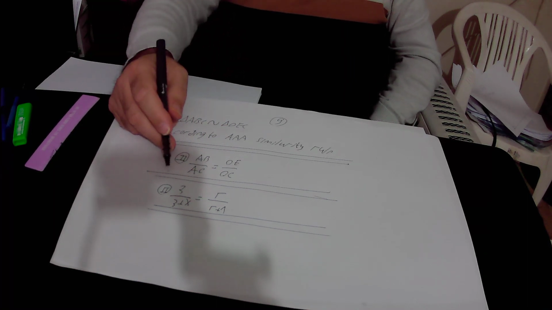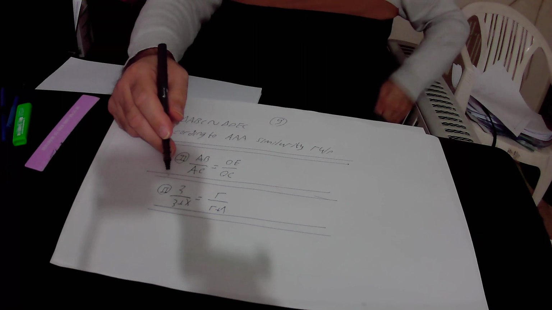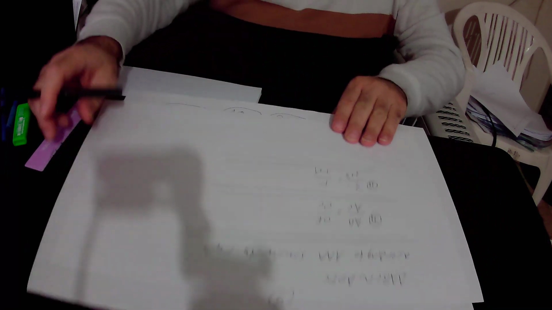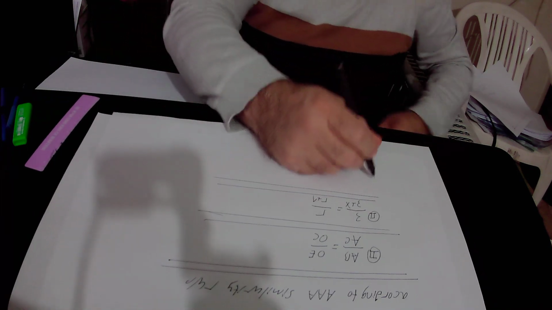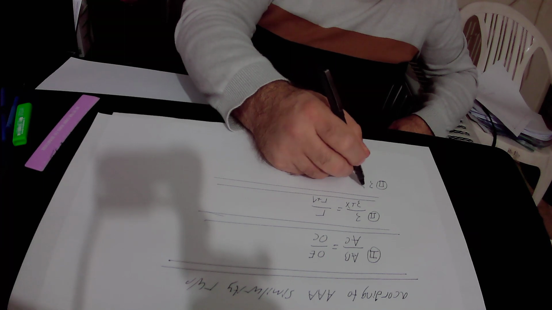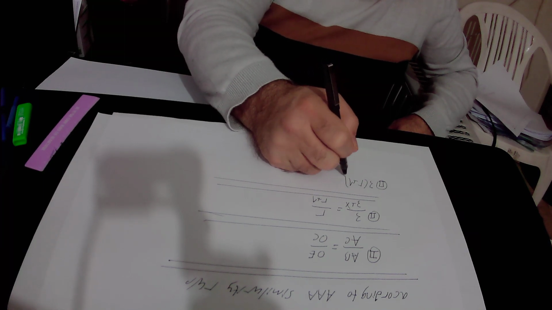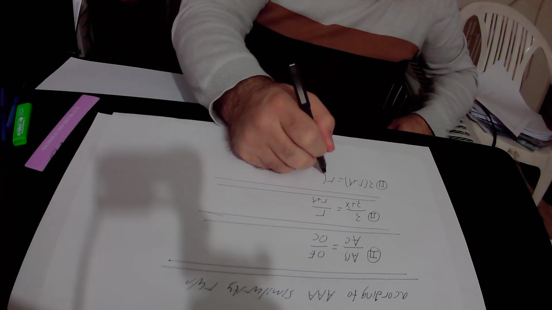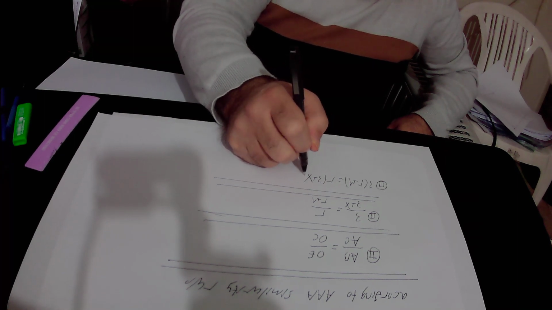Here we will cross multiply equation number 2, and we will get that 3 times R plus 1 equals R times 3 plus x.